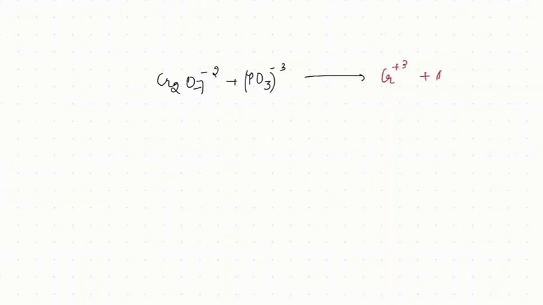So basically, what did we have? We had Cr2O7 minus 2 plus PO3 minus 3, and it gives you Cr plus 3 plus PO4 minus 3. They have purposefully written H plus to tell you that it is an acidic medium.